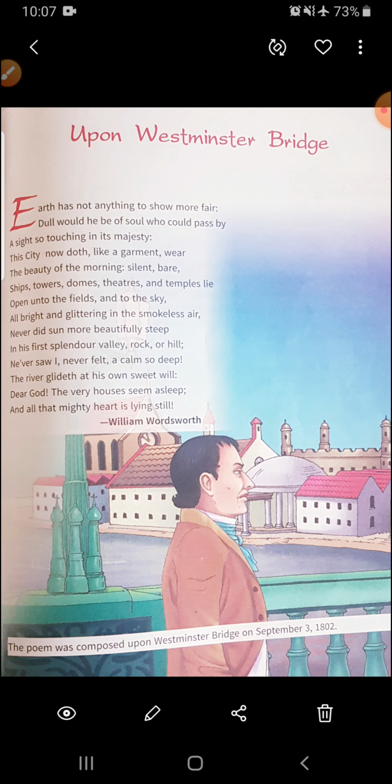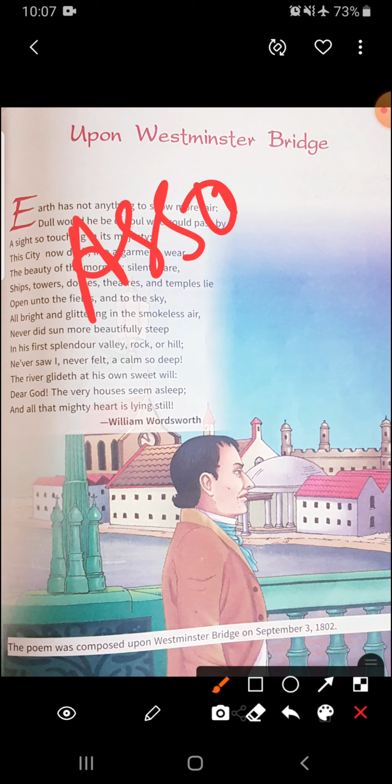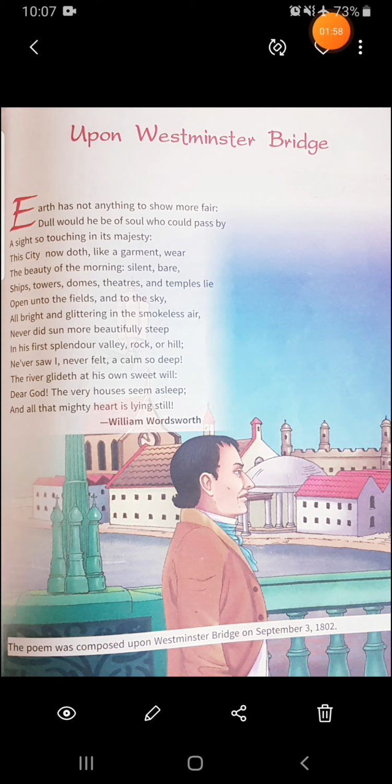So the first thing that we see is assonance. Now students, what is assonance? Assonance is repetition of vowel sound. When there is repetition of vowel sound in the same line, then that is called assonance.